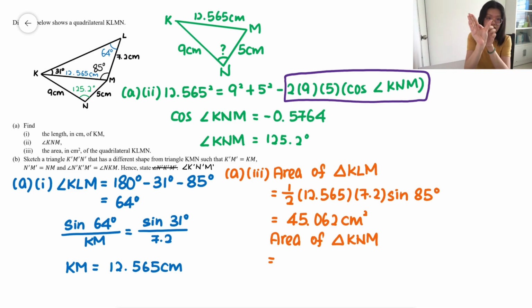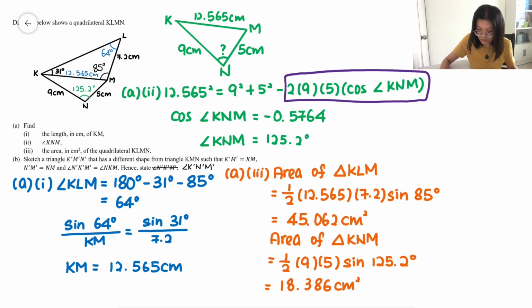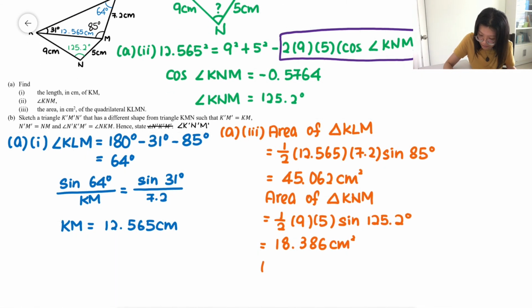KN, MN, and this angle. 1/2, 9, 5 sine 125.2 degree. You get 18.386 cm square.